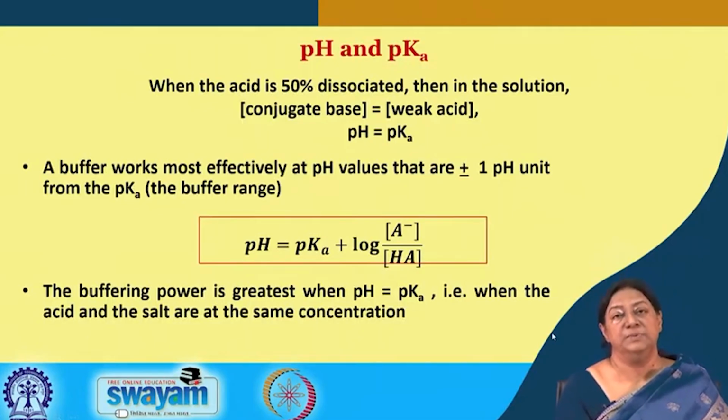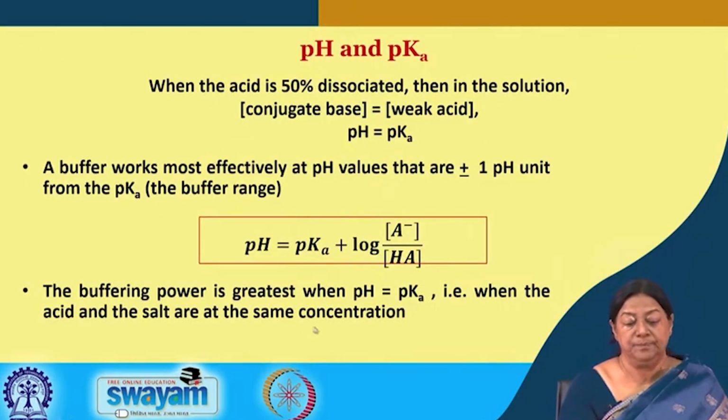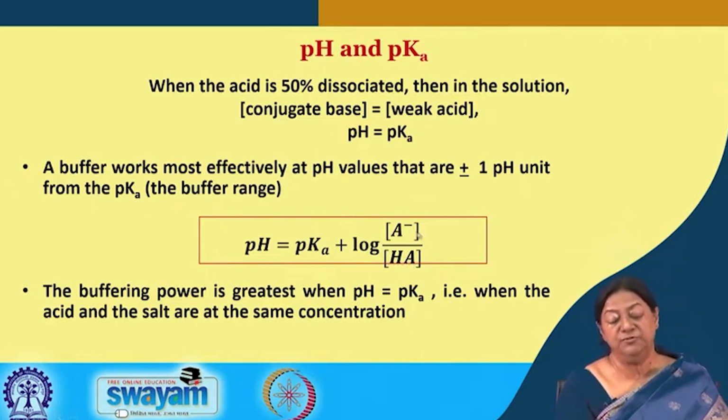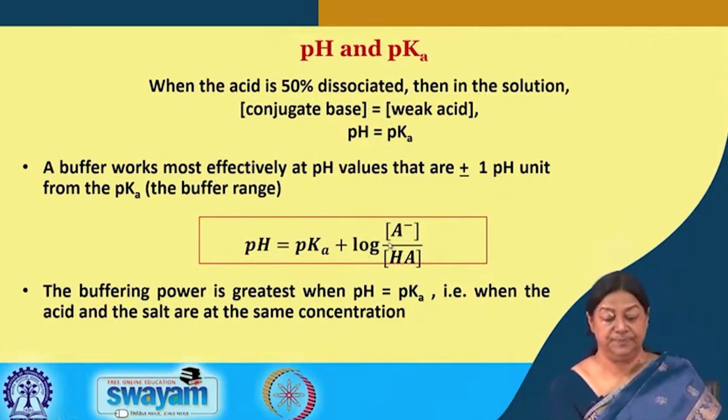So, let us look at what pH and pKa actually mean. If I have the expression as we just looked at, the pH being equal to the pKa plus log A minus over HA, the question is, what information can I get from this?